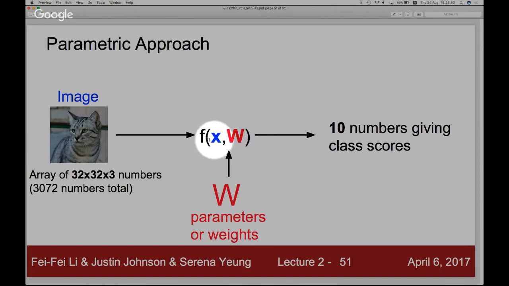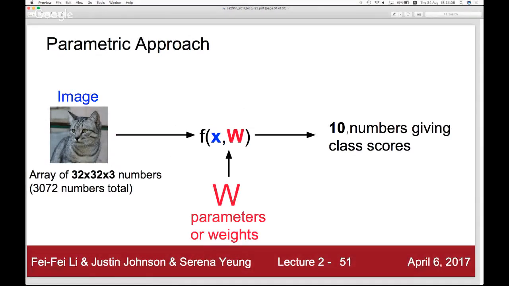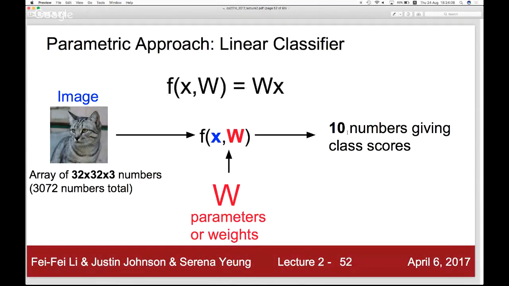In this case, it's a function that outputs a vector of 10 numbers. Each number is a score for how well this particular image corresponds to one of those 10 classes. Okay, so pretty straightforward there, I think.